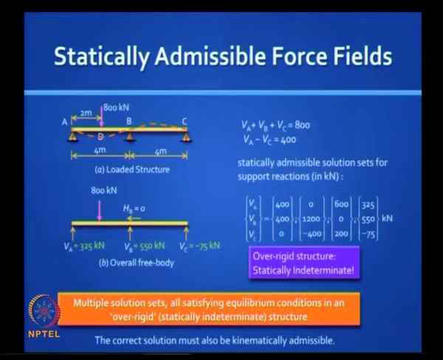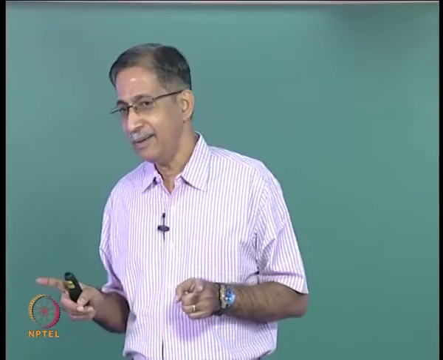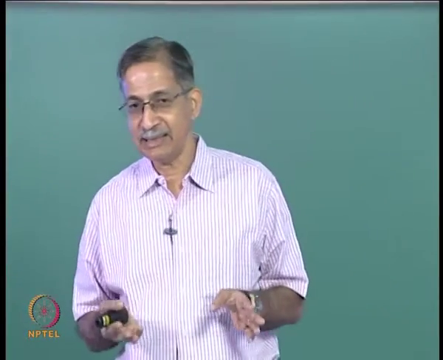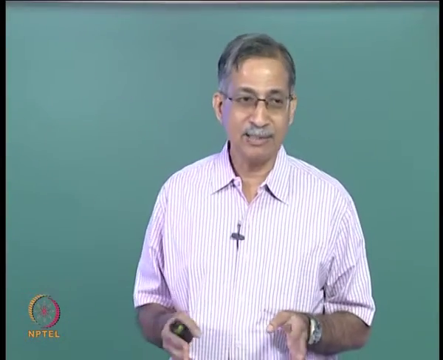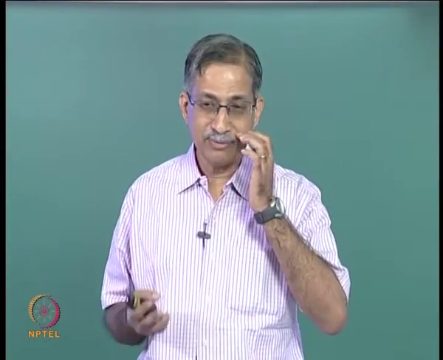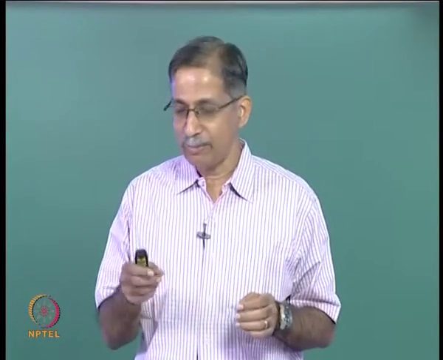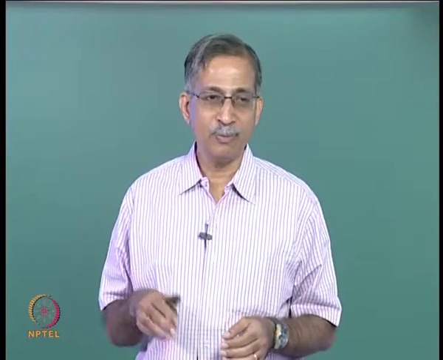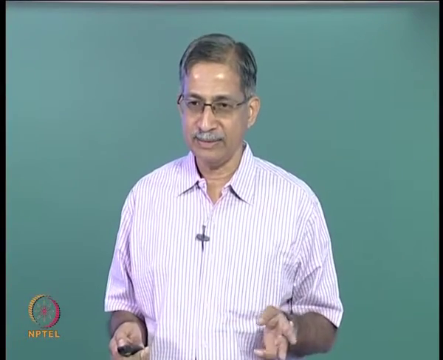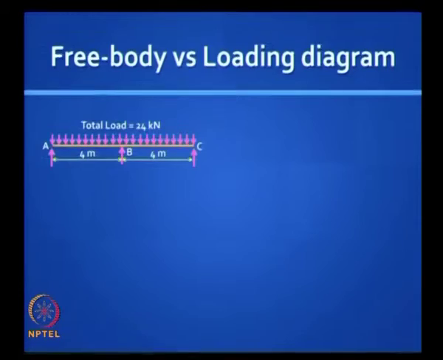If your structure is statically determinate, you do not need to explicitly satisfy compatibility, it gets automatically satisfied, it is enough to satisfy equilibrium, and you can prove this. We will come to the proof when we study matrix methods subsequently.